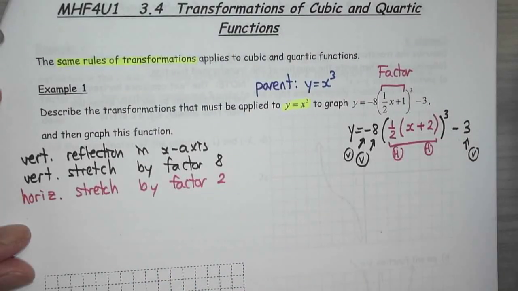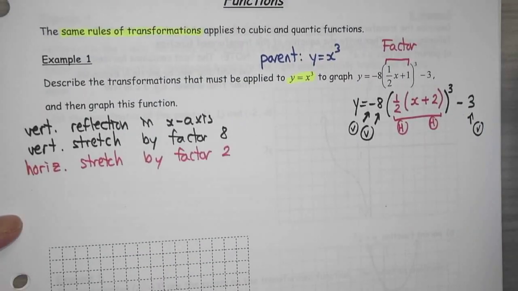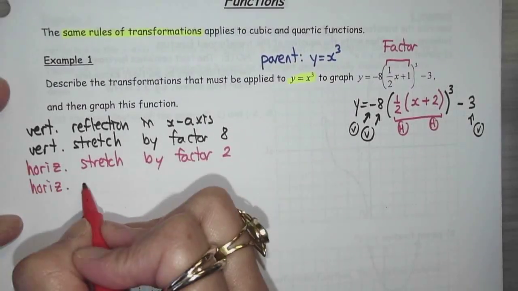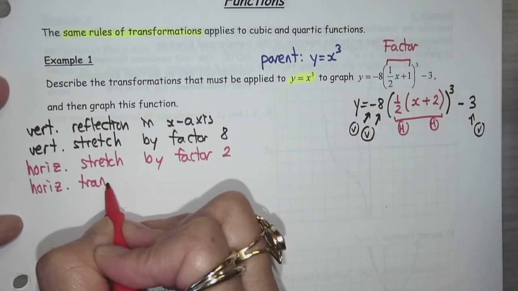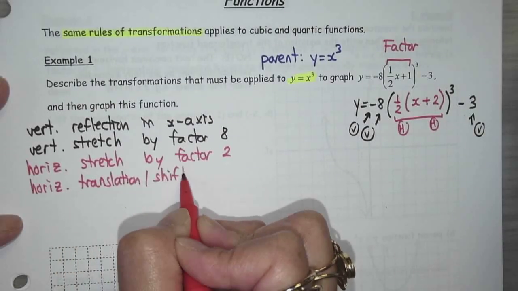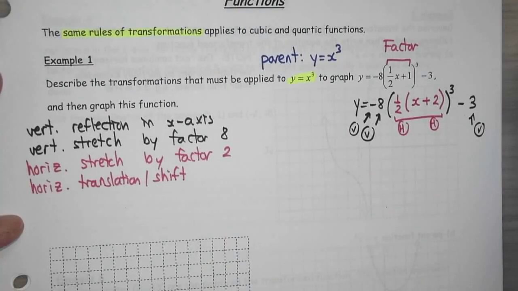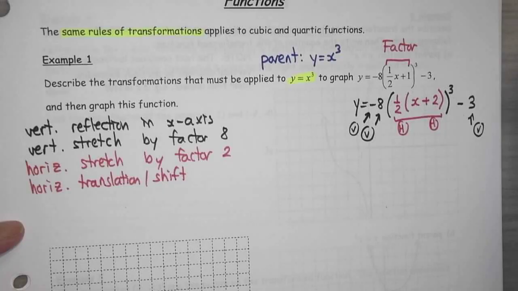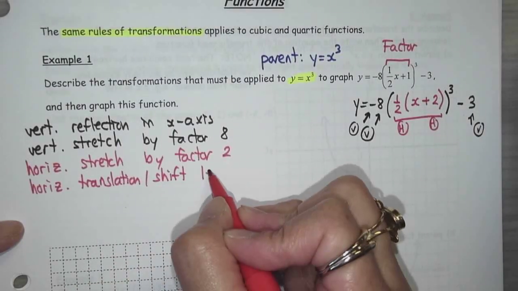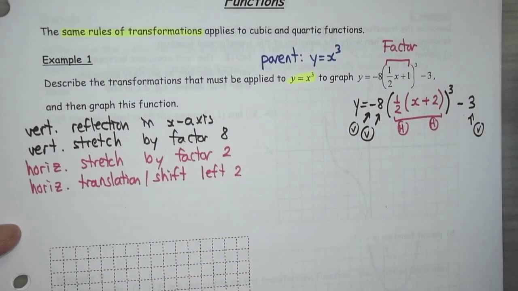So remember, that's always the reciprocal. And then the next one is a horizontal, and it'll be translation. You can use the word translation or shift. We're trying to use the math words, and you have to know them. Sometimes we describe it and you draw it, or we ask you to describe it backwards or forwards. So translation or shift, and this will be left 2.